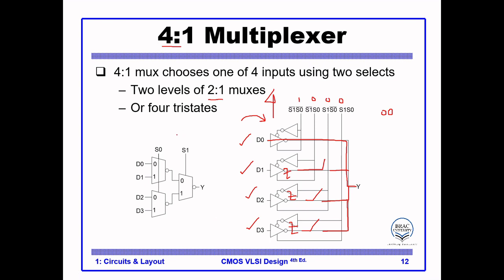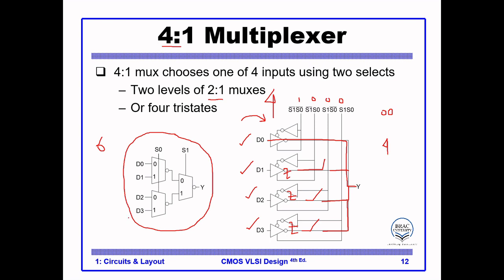And on the left hand side we can see that this is another implementation of a 4 by 1 mux. So we use 3 2 to 1 muxes. So in this case we will need 6 tri-state buffers, whereas on the right hand side we needed 4 tri-state buffers.